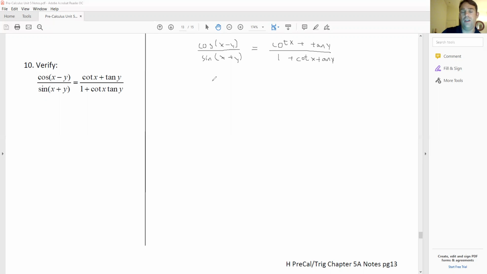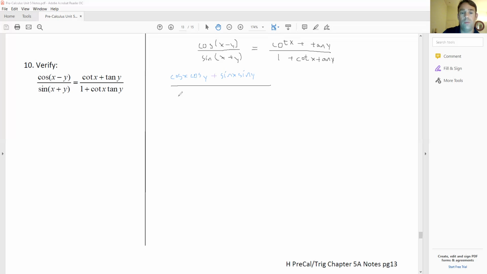All right, we'll see how you did here. If I see that cosine x minus y, I'd start off by using my sum and difference formulas: cosine, cosine, sine, sine. I'm doing my cosine formula, and since it's a minus, I'm going to put a plus in between. Cosine always gets the opposite sign. So cosine x cosine y plus sine x sine y.